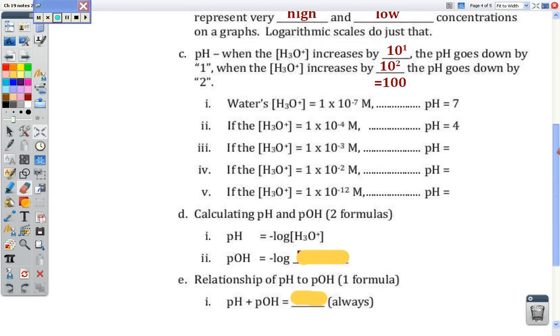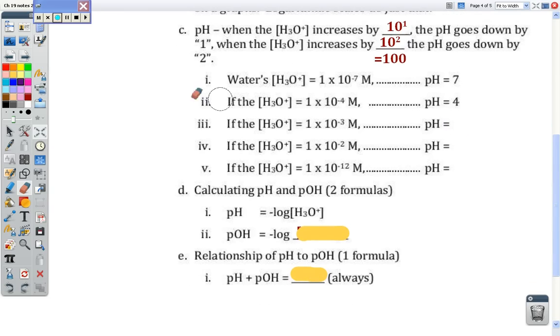So, for example, water has a hydronium concentration of 1 times 10 to the negative 7. Its pH then is this number without the negative, a pH of 7. If the hydronium concentration is 1 times 10 to the negative 4, then the pH is going to be 4, that number without the negative.